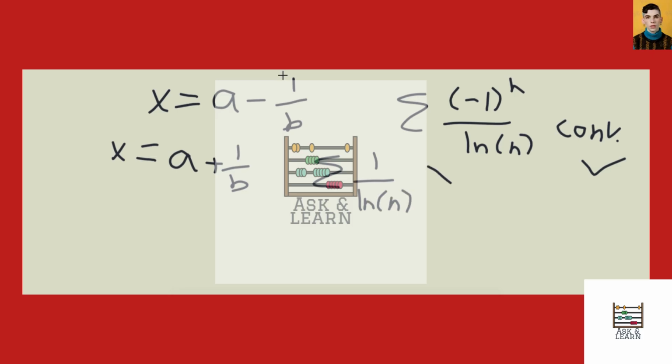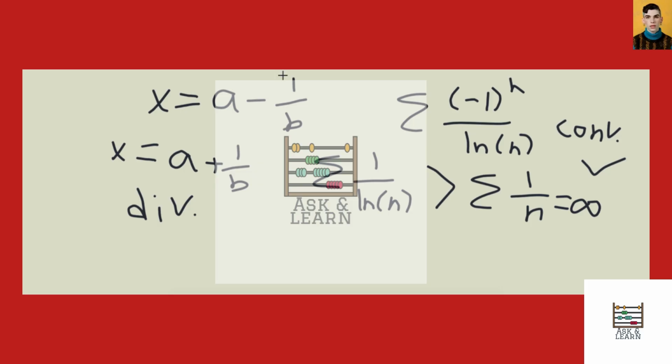And that's going to be bigger than the sum of just 1 over n, because natural log of n is less than n, and if we replace the denominator with something smaller, then we get something bigger. By smaller, we mean in absolute value. Okay, and this is the harmonic series. So that blows up, therefore this blows up as well. So this gives us divergence.